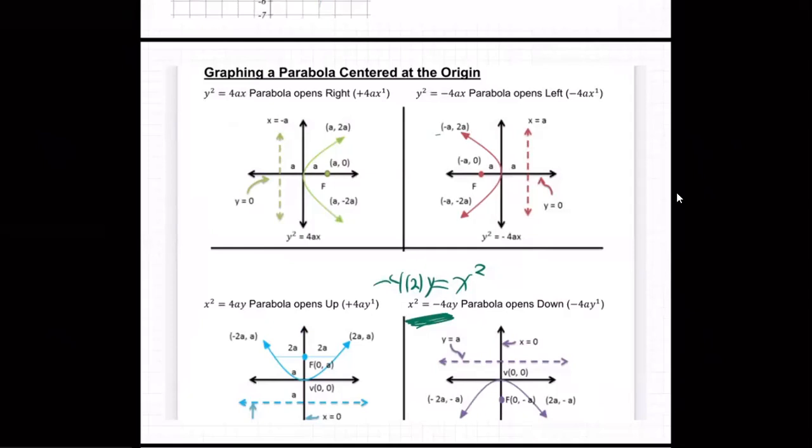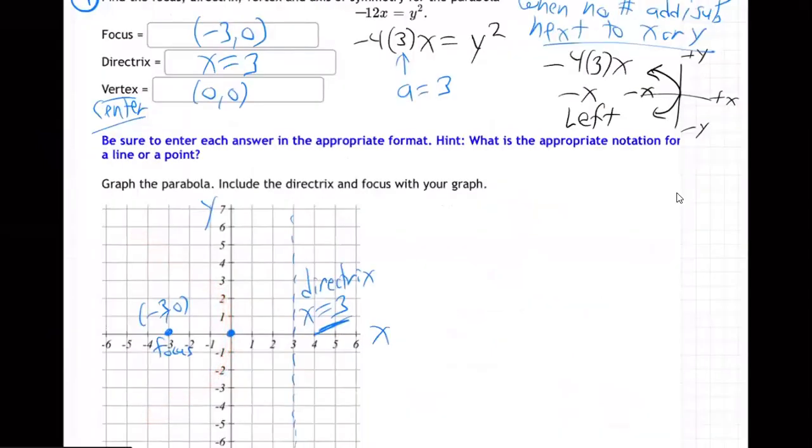So let me show you. Basically our branches are going to go to the left. They're going to hit points here and here at the focal depth. What's the focal depth? This is a distance of 3. So if you double that, 1, 2, 3, 4, 5, 6, right there, I go up 6 and down 6.